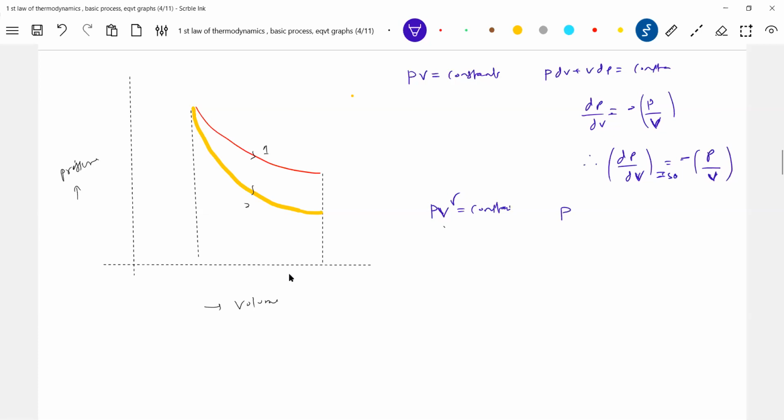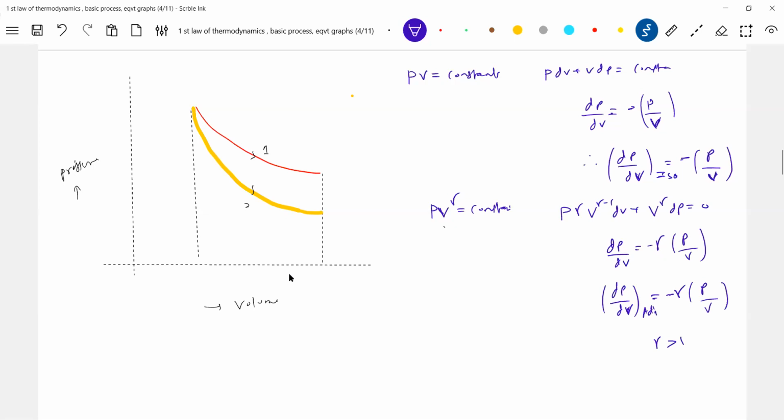I'll differentiate P V to the power gamma: P gamma V to the power gamma minus 1 dV plus V to the power gamma dP. If I solve this, dP by dV equals minus gamma P by V. Let me call this the slope for the adiabatic curve. Now, gamma will be greater than 1, no?